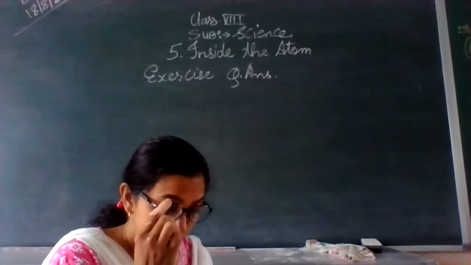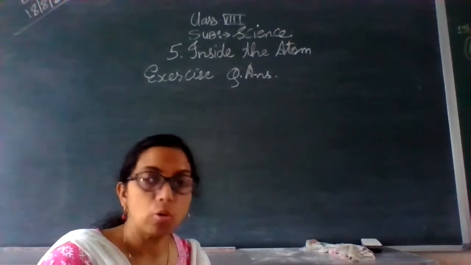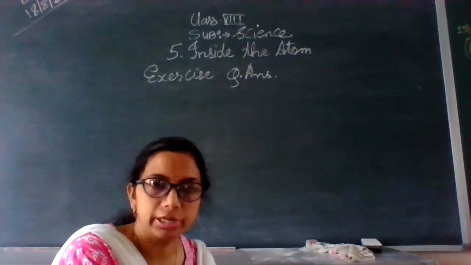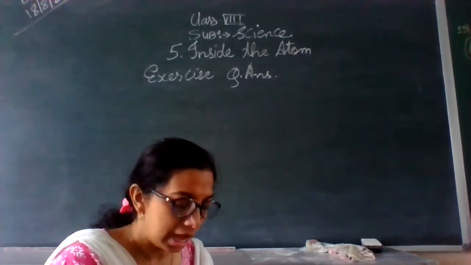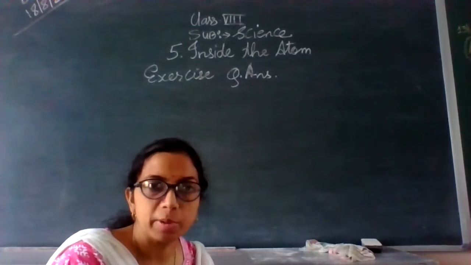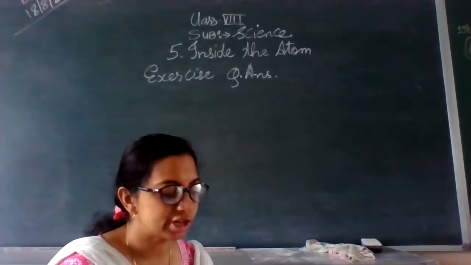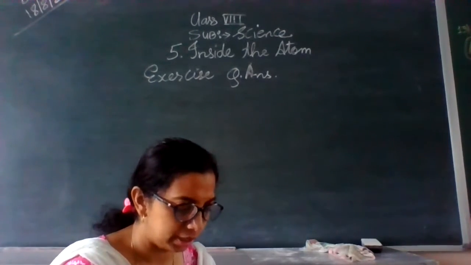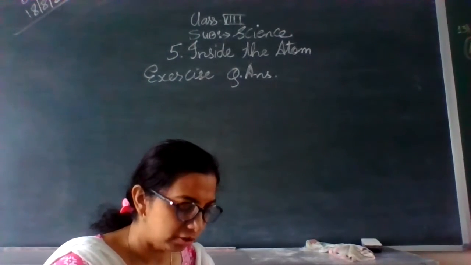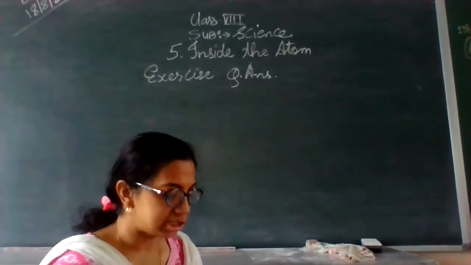But Rutherford's scattering experiment proved that all the mass of the atom is concentrated at the center of the atom, that is the nucleus, and only negatively charged particles are moving around the positively charged protons and neutral neutrons in the nucleus. So you have to write down this difference for this answer.